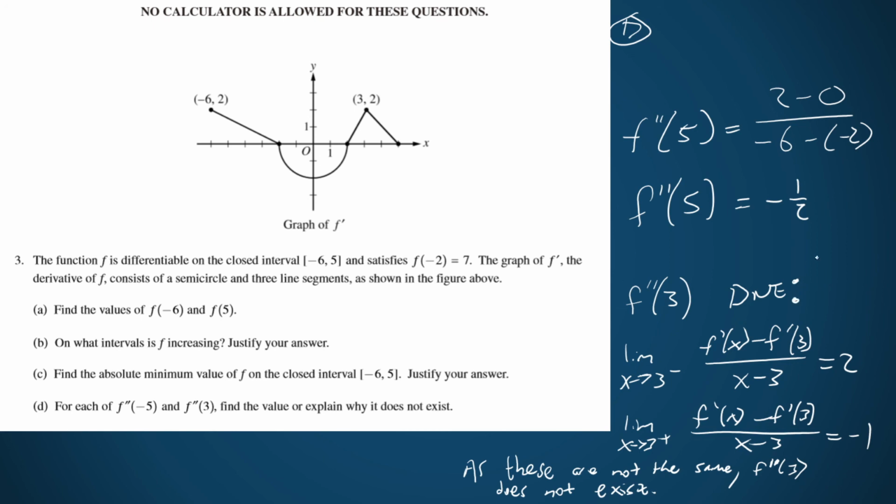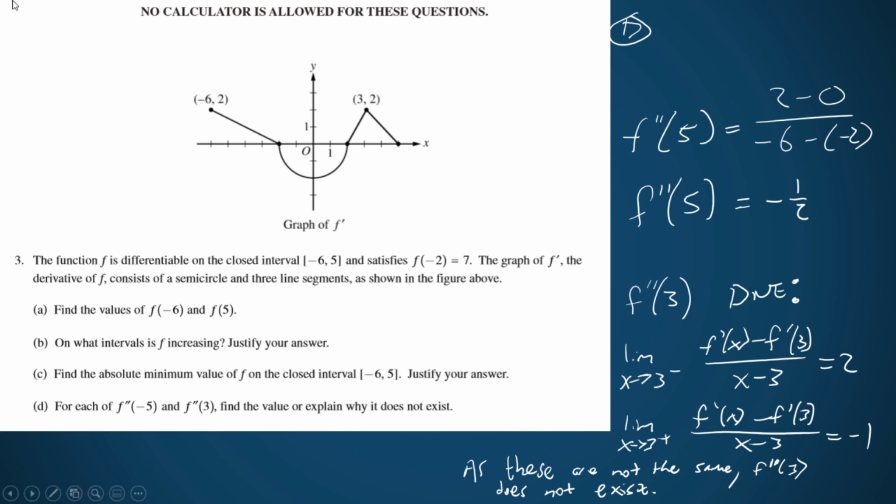Okay. So in order to prove it, we just need to test the slope from the limit as x approaches that value from the left, and the limit as x approaches that value from the right. And if they're not the same, then we can prove that we're at some sort of a cusp for our first derivative. And that would mean the second derivative does not exist.